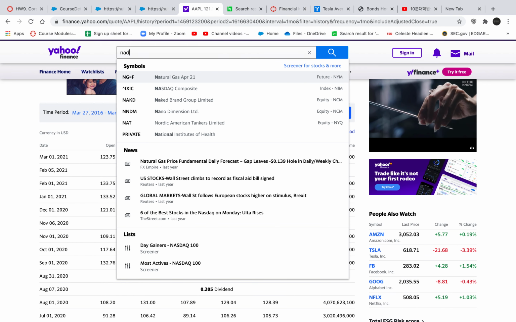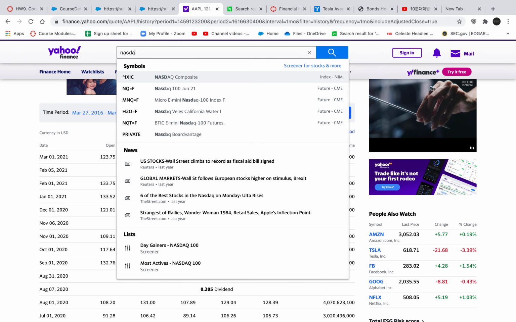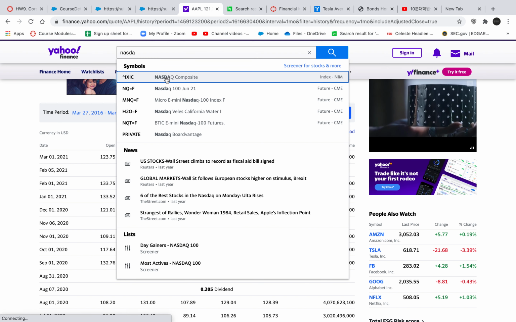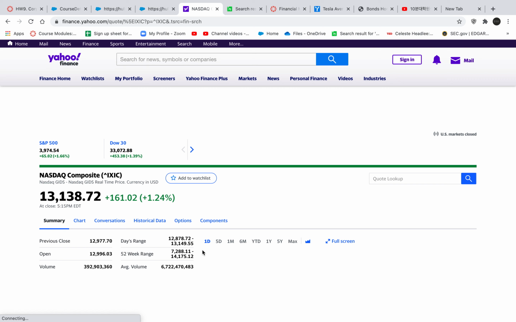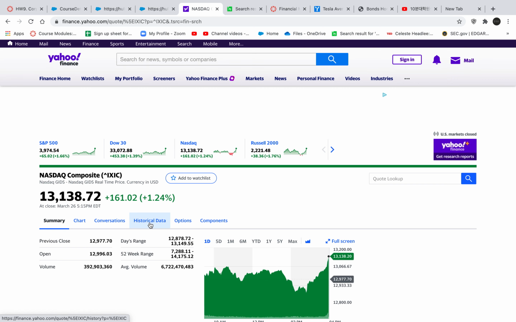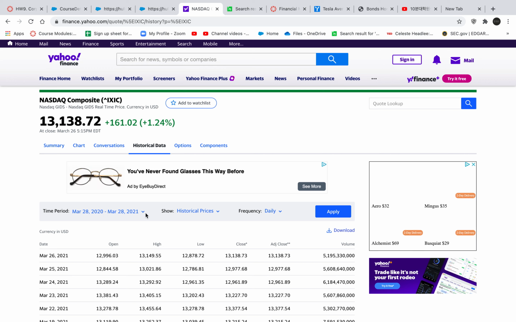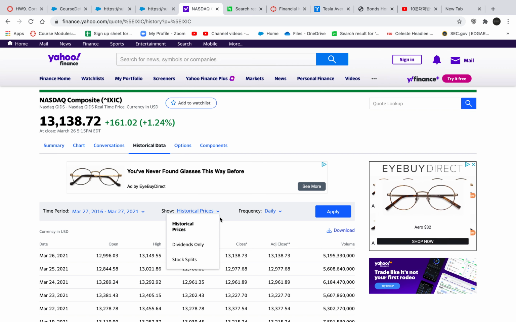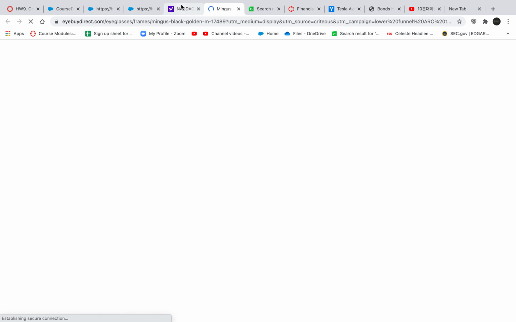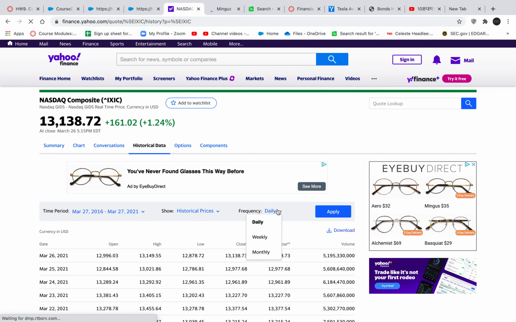And then the Nasdaq, the same procedure. If you type down Nasdaq composite index, then historical data, also the same procedure. You put 5 years of historical prices, then monthly basis, and apply.